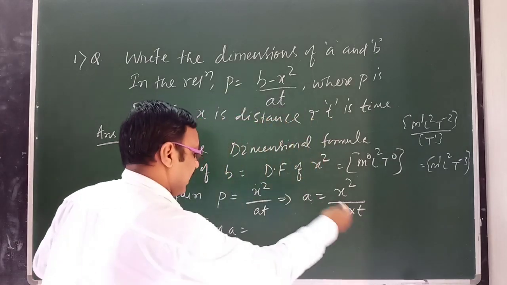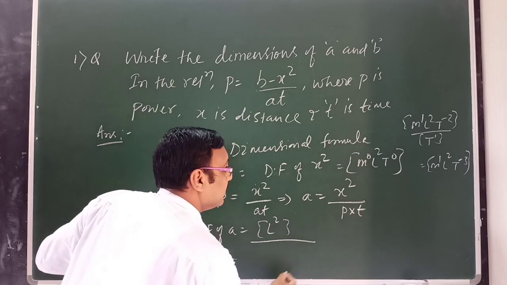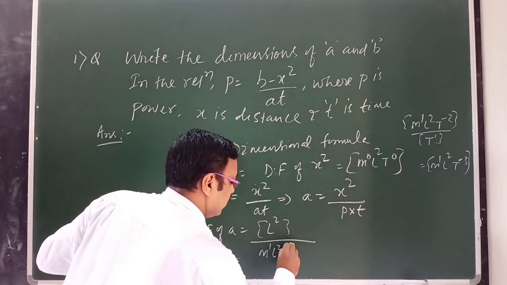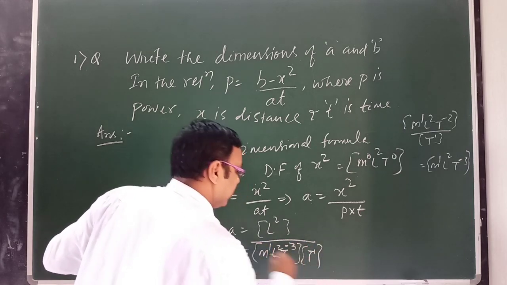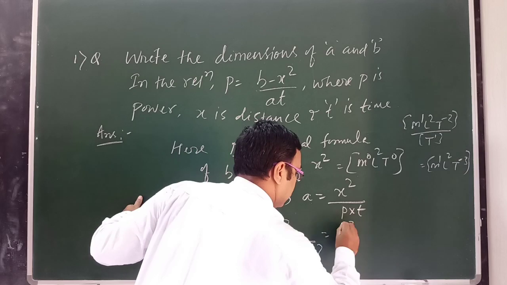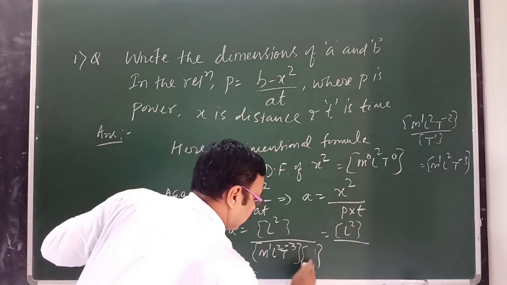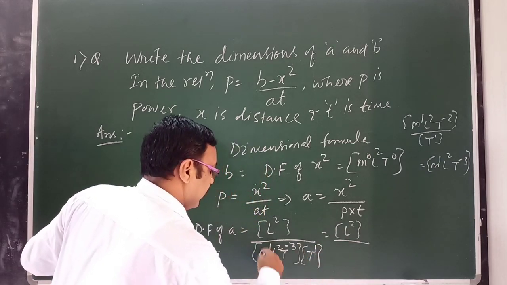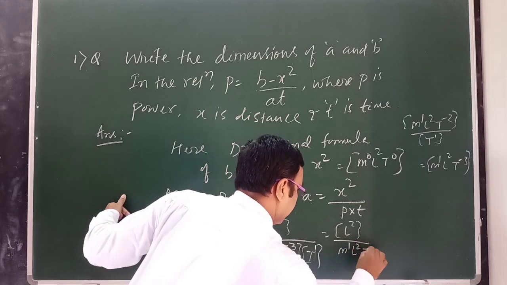So you can write here A equals x square, which means L2, divided by M1 L2 T minus 3 into T to power 1. So how much does it become? This is L2 divided by M1 L2 T to power minus 3 into T to power 1. So this is T to power 1. So how much is it? T to power minus 2. So this is M1 L2 T to power minus 2.